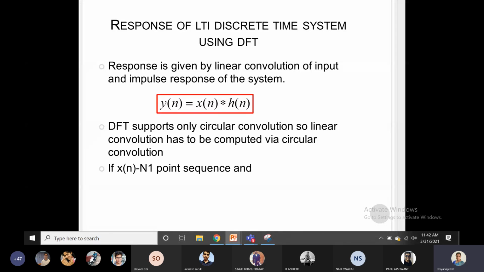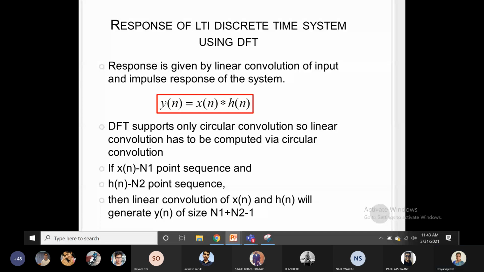How is it done? Suppose x of n, which is the input to the system, is an n1-point sequence, that is, the number of samples in x of n is n1, and the impulse response of the system contains an n2-point sequence. So n1 and n2 are the lengths of x of n and h of n.